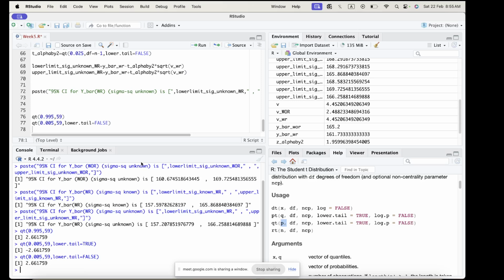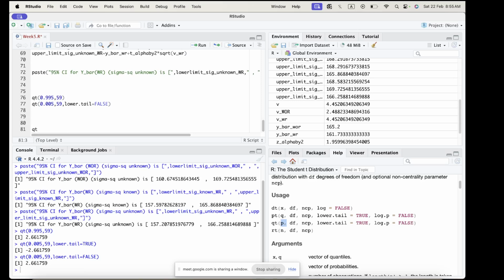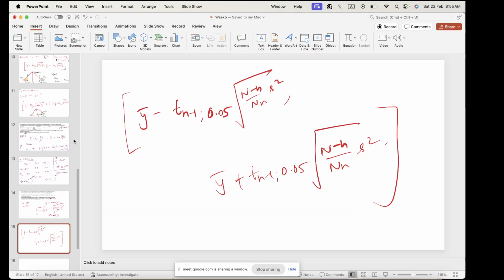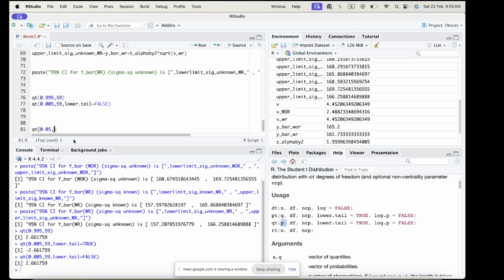So let me just find out how to do this. So same thing, qt 0.05 and then small n minus 1. So I have done 15 samples, so it would be 14, and I should definitely specify lower.tail equal to false.